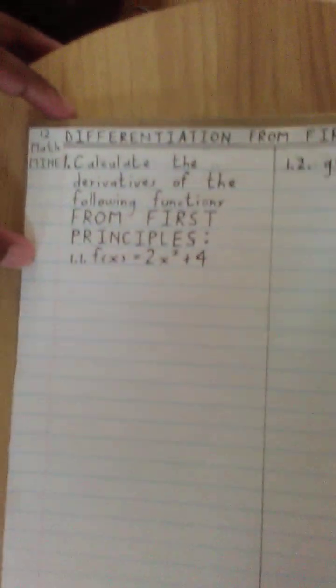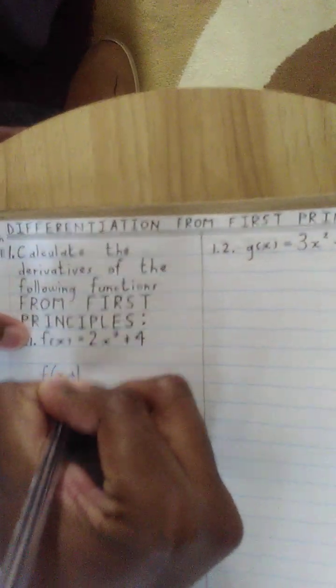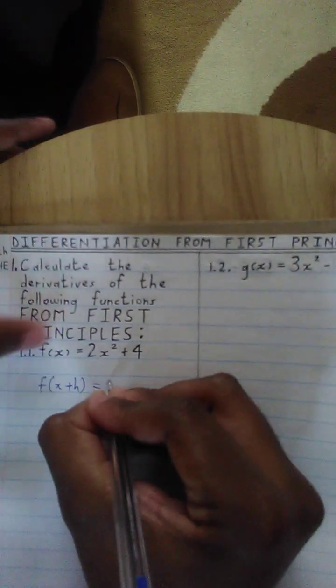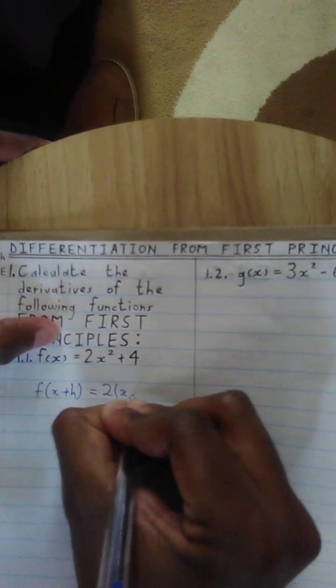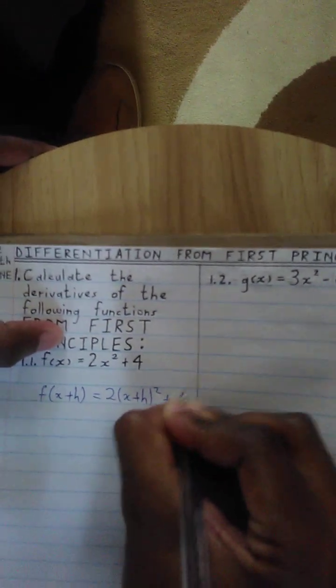As we can see, number 1 states, calculate the derivatives of the following functions from first principles. 1.1 we have f of x is equal to 2x squared plus 4. So we already have f of x, right? Now we need to calculate f of x plus h. Where there's x, we put x plus h. So it's going to be 2 open bracket x plus h squared plus 4.